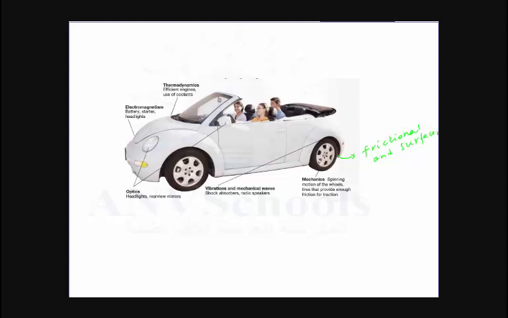This wheel cannot rotate about its axis unless there is frictional force between the tire and the surface. So it's the frictional force which is responsible for the spinning of the wheel.